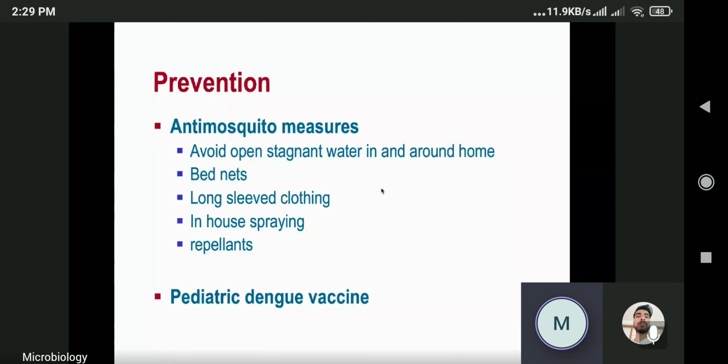You can do a Google search also regarding the dengue vaccine. So in the preventive measures, there are dengue vaccines, mosquito control and awareness. This much for dengue.